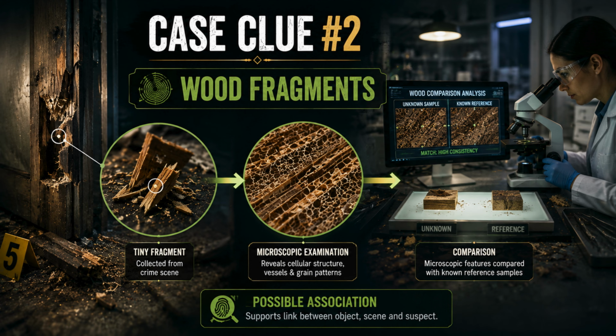The scientist may consider features such as the type and microscopic characteristics of the wood, depending on the nature of the examination. If a fragment from an unknown source shows characteristics consistent with the known wooden object, that may help investigators evaluate whether an association exists.